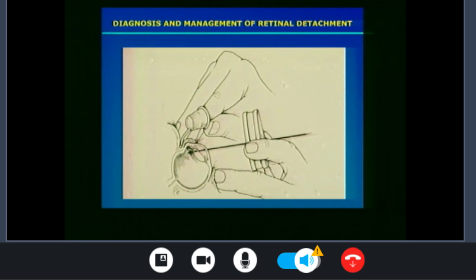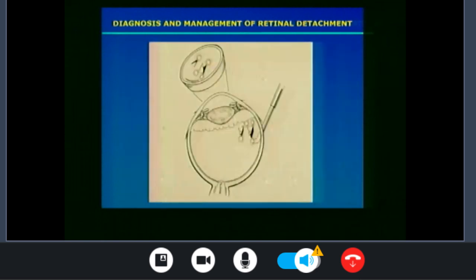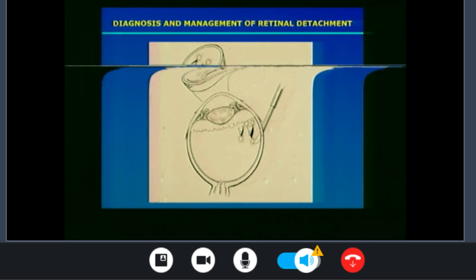You indent with the ocular just opposite to the break, and then you put a blue mark on the sclera corresponding to the break. Is that clear? For example, a small horseshoe tear needs only 1 mark at the apex. If it is large, you need 1 mark at the apex and 2 marks on the sclera at the base.